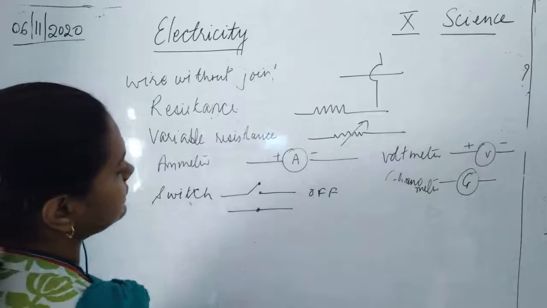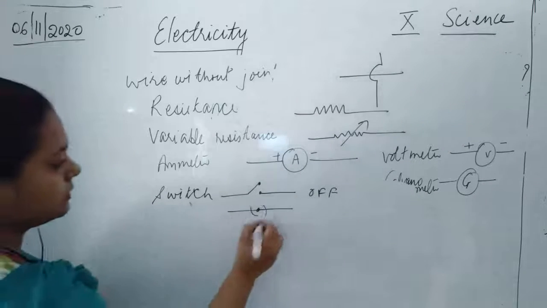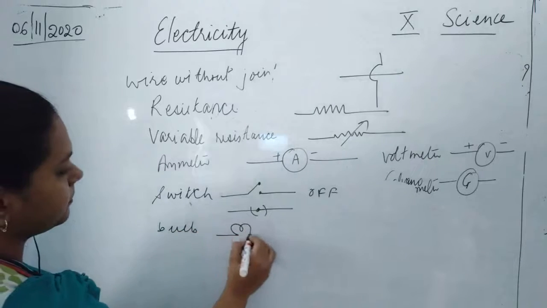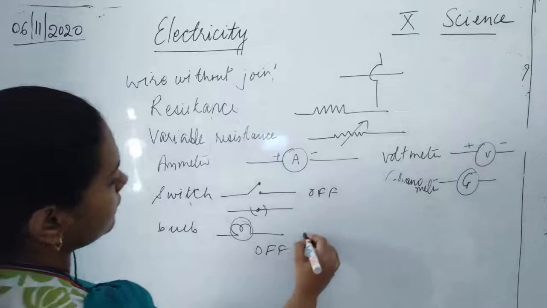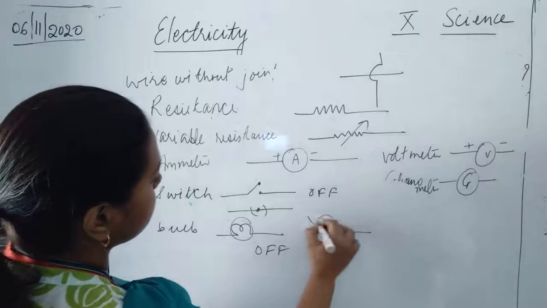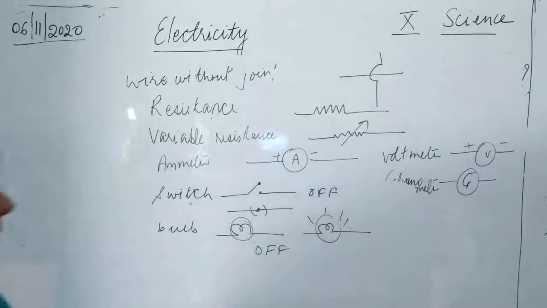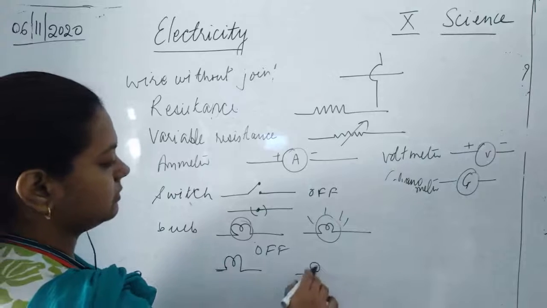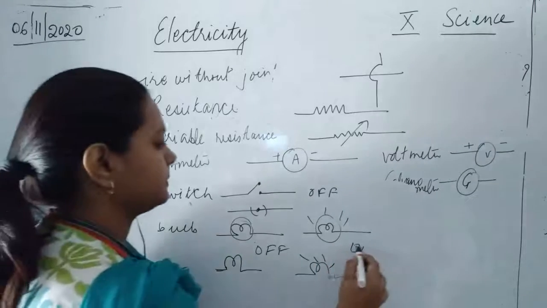For on, it is like here, or it is drawn like this. Then the bulb. This is on, this is off, and this is in on condition. Or sometimes it is drawn like this, only like this. So this is an on condition.